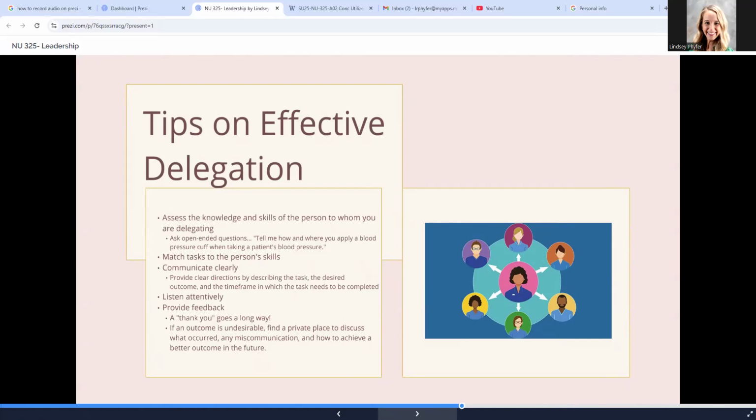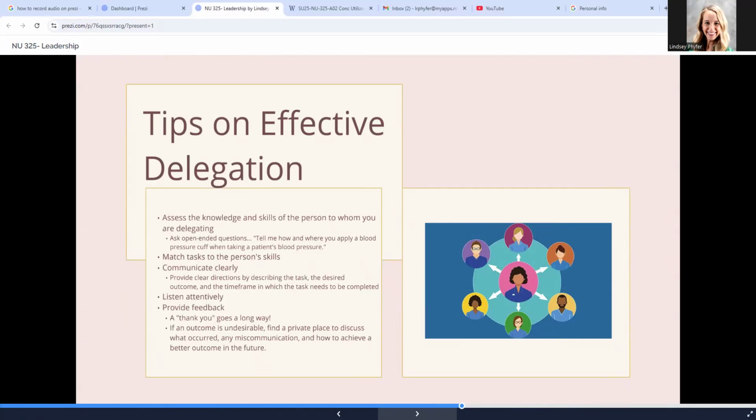Again, communicate clearly. Provide clear directions by describing the task, the desired outcome, and the time frame in which the tasks need to be completed. And this goes along also with communicating the assignment in understandable terms. You're not typically going to be working alongside who you're delegating a task to, which is one of the reasons why communication with them is so extremely important.